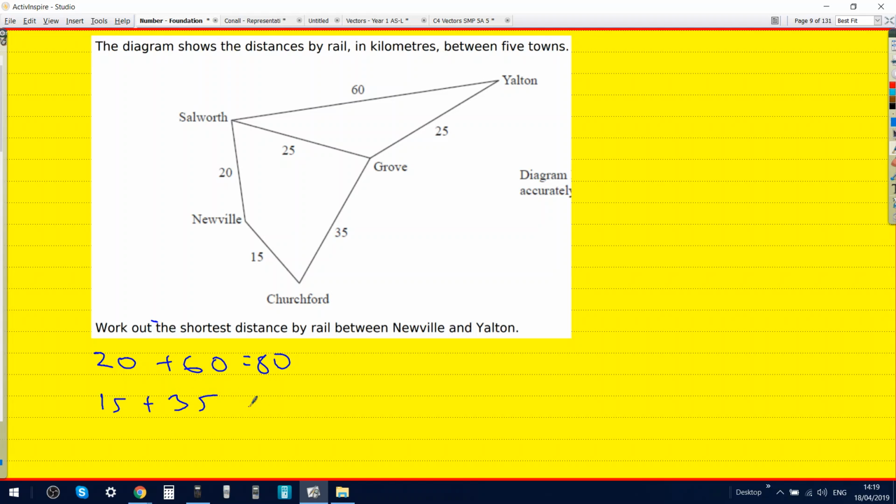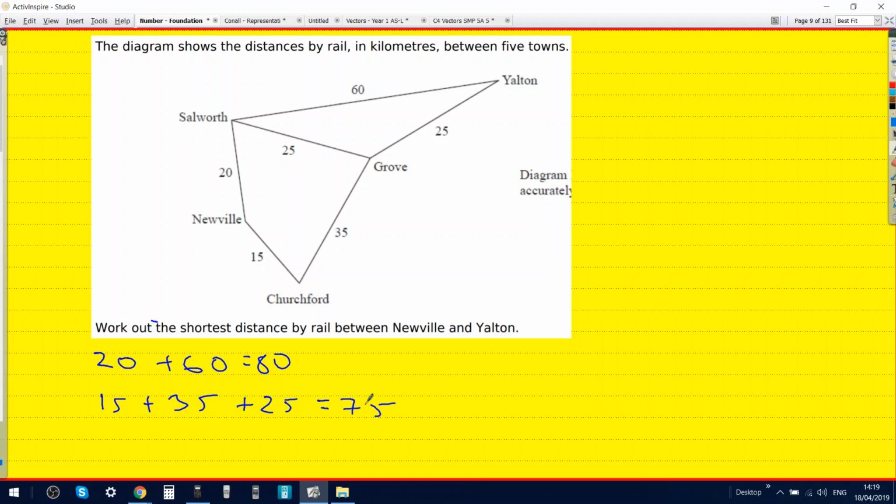So that's 45, 50. Then another 25. That's 75 actually. Oops. So that's shorter than the first one.